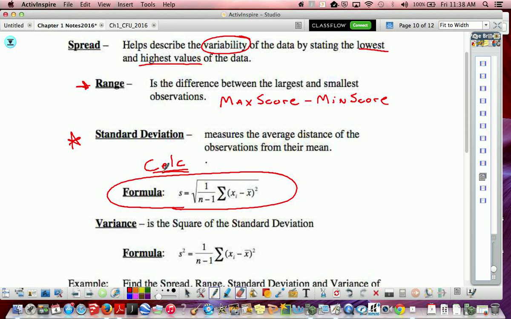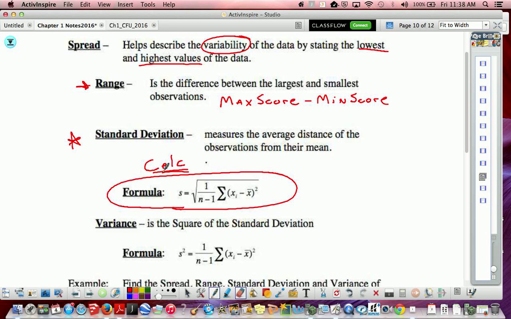Since we're talking about measurement of spread, we're talking about distance away from the mean. Can you have a spread when you have one data point? There's no way to even start to calculate it. You need a minimum of 2 points in order to calculate a spread.